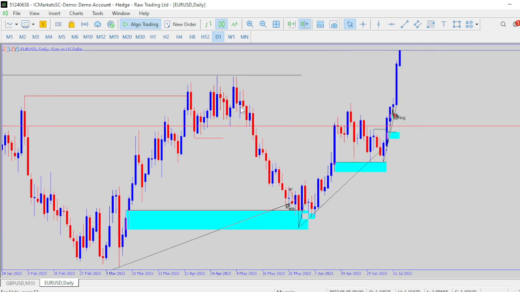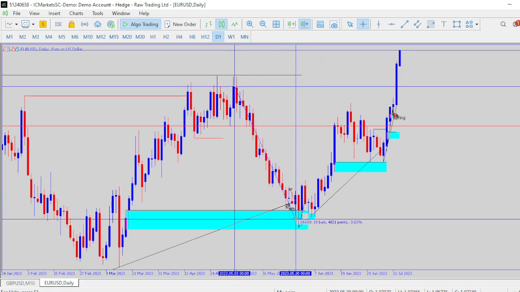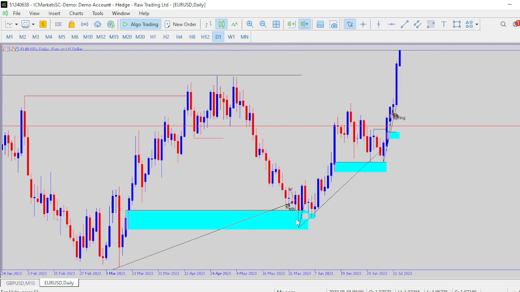But this one, you see, it's a 1-hour counter internal structure, of which it took about 19 days to retrace to the downside.